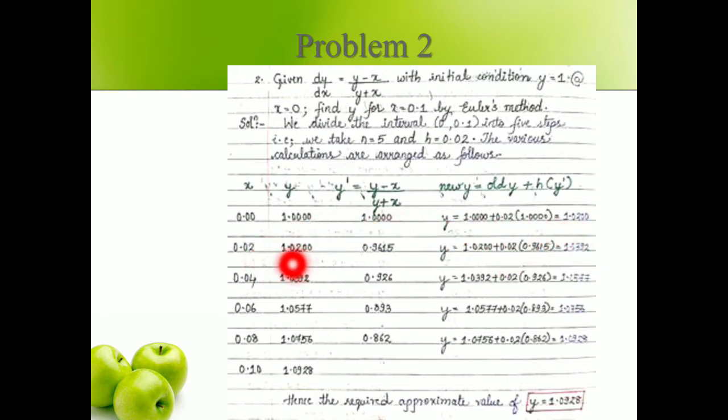Taking that in the next step, your x value is 0.02, y dash value will be 0.961 and new y value will be equal to 1.0332. Next, x value is 0.04, y value is 1.0332, y dash value is 0.926, new y value will be equal to 1.0577.